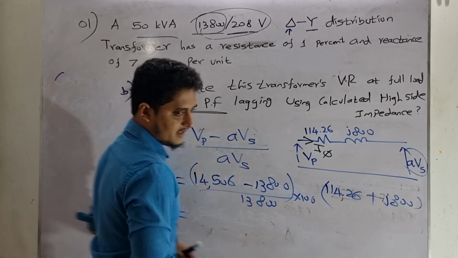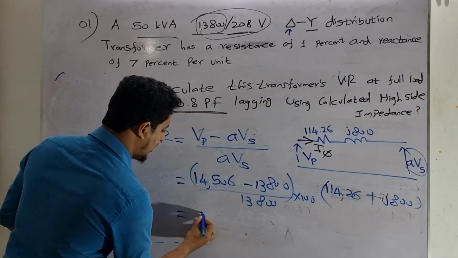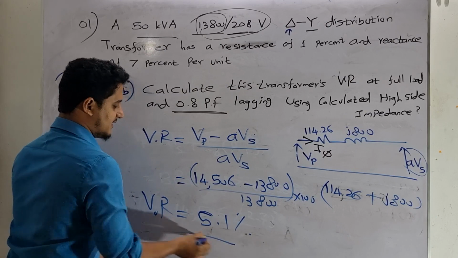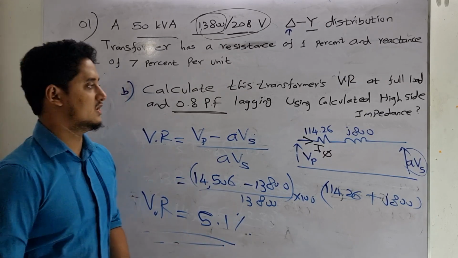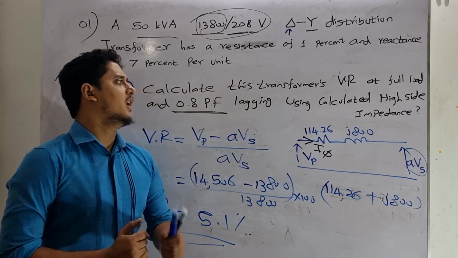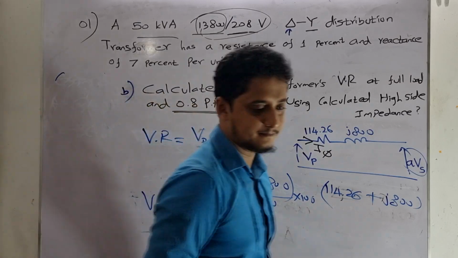So what is the percentage? If you calculate using the calculator, 5.1%. So voltage regulation is 5.1%. Okay. So now we will move to the third part of this question.